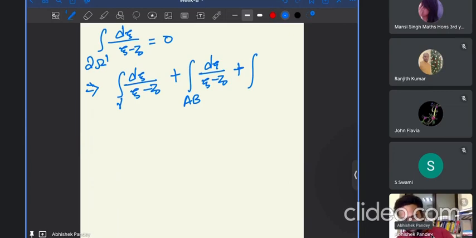Yeah, so this is fine. Then this on BA also. So BA is nothing but the integral of d xi upon xi minus z naught, plus the integral over gamma 1 d xi upon xi minus z naught.